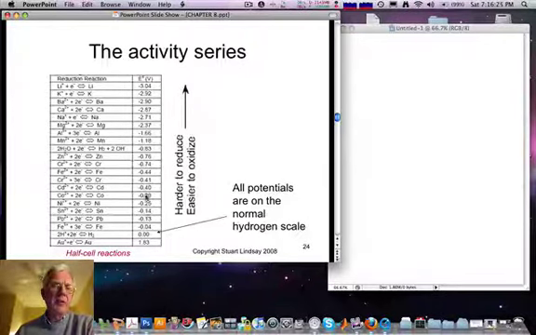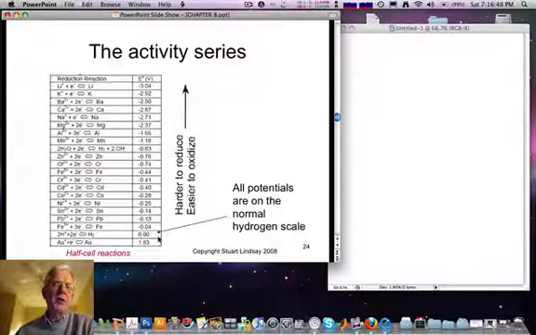Running down this series here, you can see that gold is very easily reduced. However, the converse of that is that it is very hard to oxidize gold, which is why it is called a noble metal. These potentials here are listed as reduction potentials.